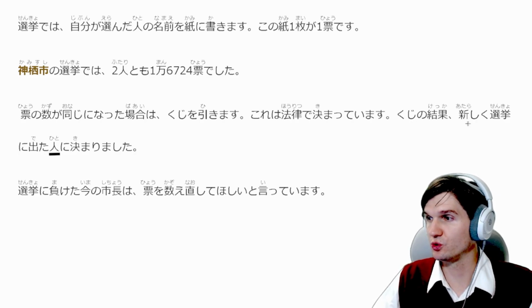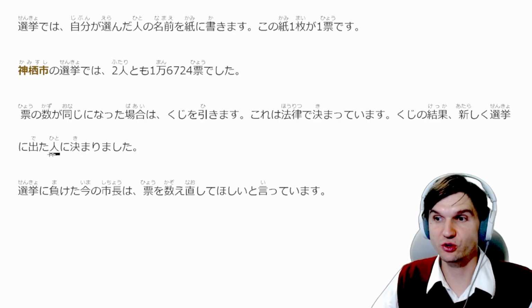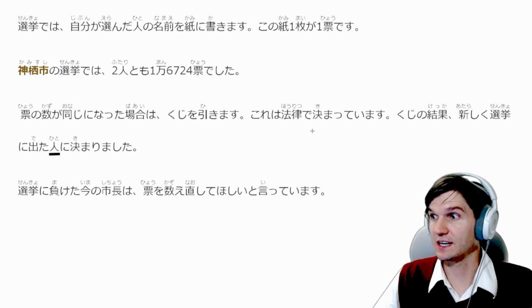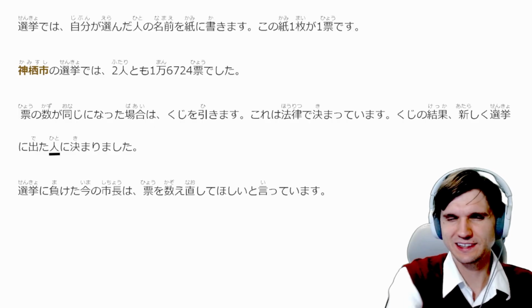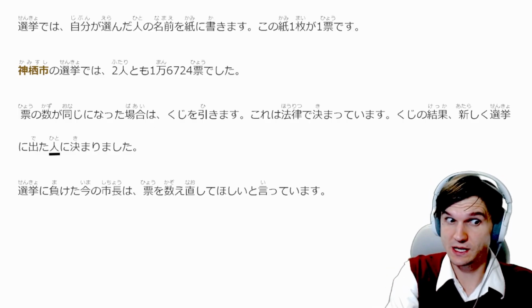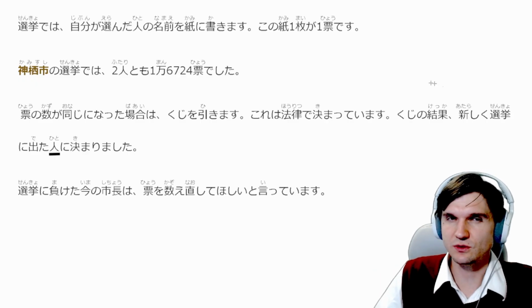A person who newly 選挙に出る, showed up or participated in the elections recently. So 新しく literally means newly, but anytime someone does something for the first time or is new to the situation, you can use 新しく.